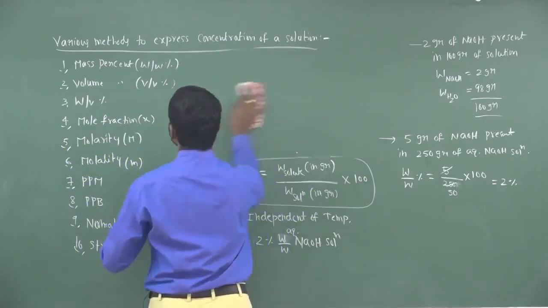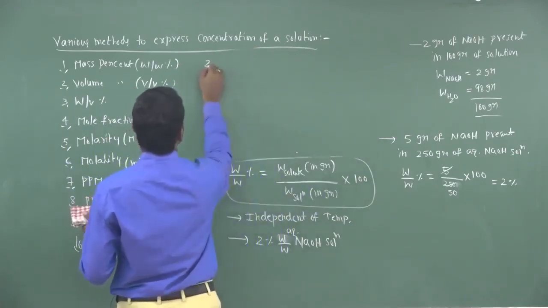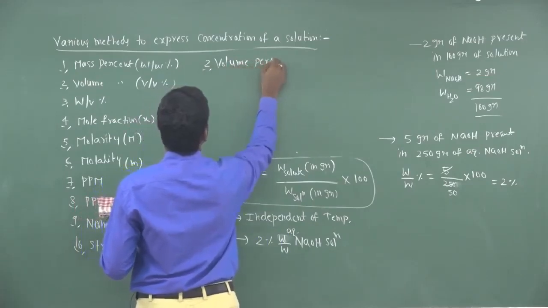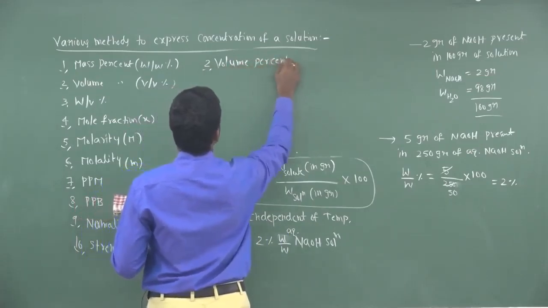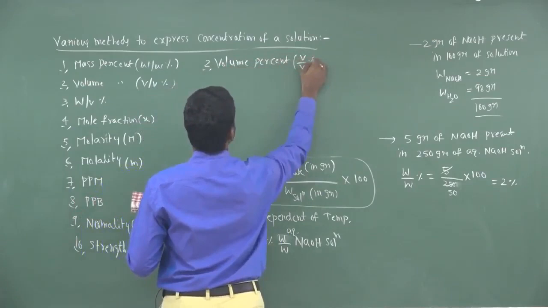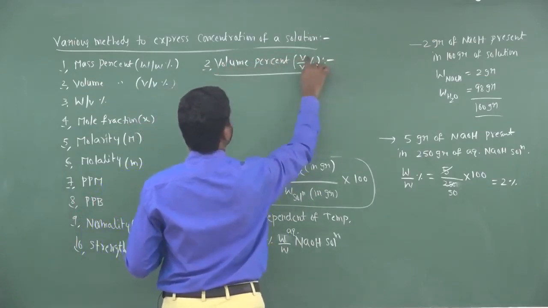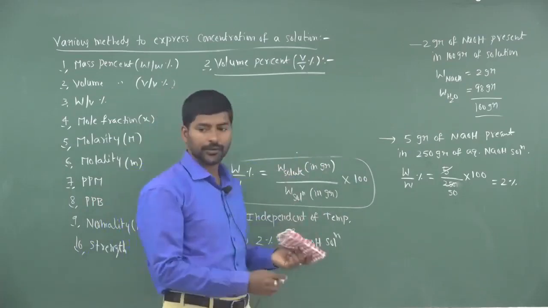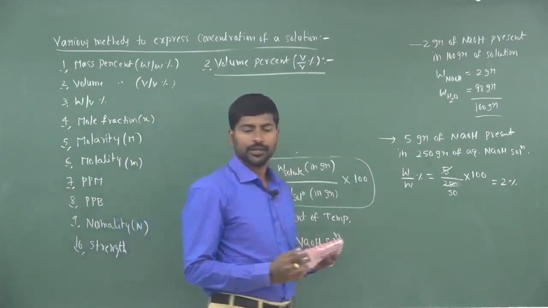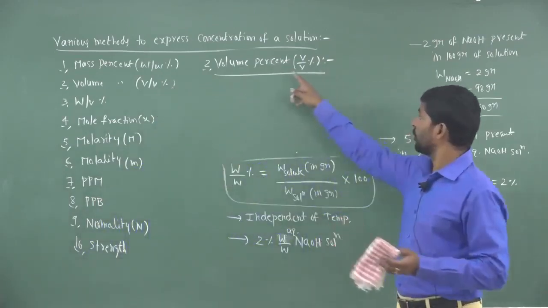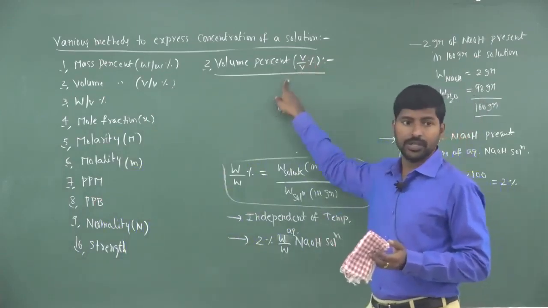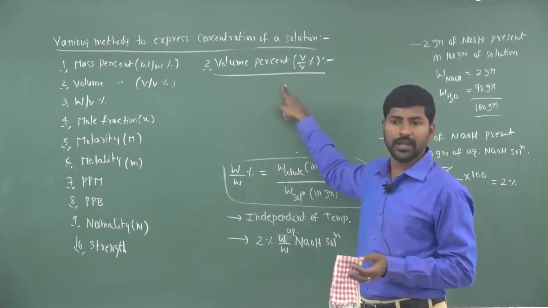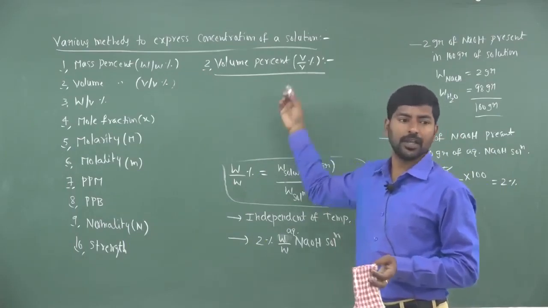Similarly, now you tell me what about volume percentage? Volume percent, V by V. Again, numerator corresponds to solute, denominator corresponds to solution, into 100 we will get percent. Volume percentage is the volume of solute in ml present in 100 ml of solution.